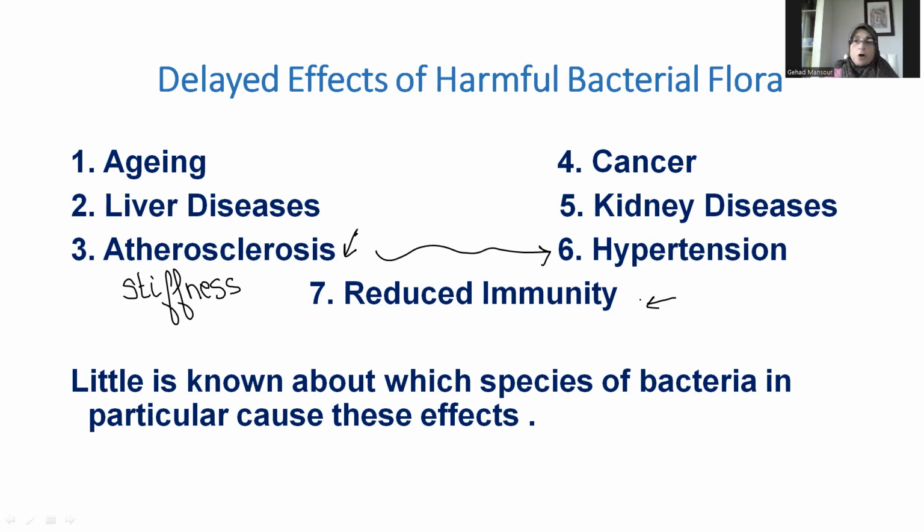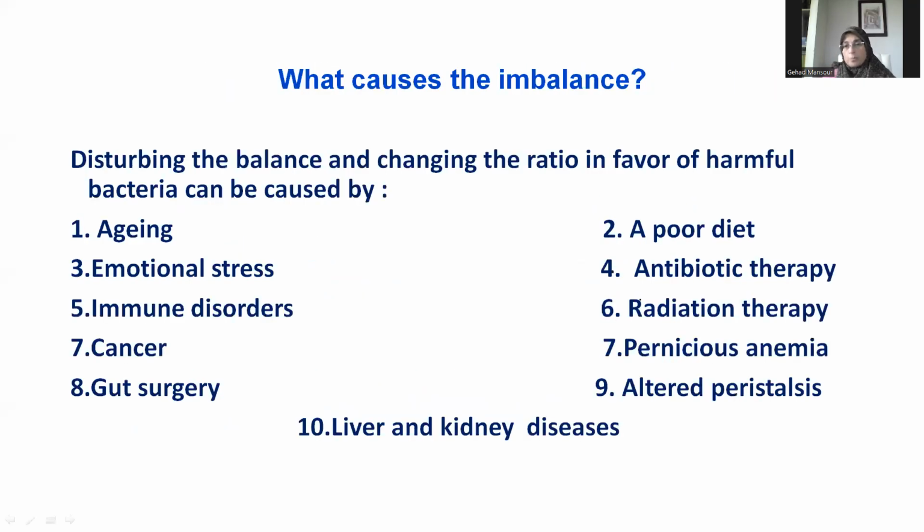Of course, there are a multiplicity of pathogenic bacteria in the colon, and we do not know exactly which species causes exactly which complication. So if all these complications occur when the pathogenic bacteria predominate, then what is the cause of this imbalance?